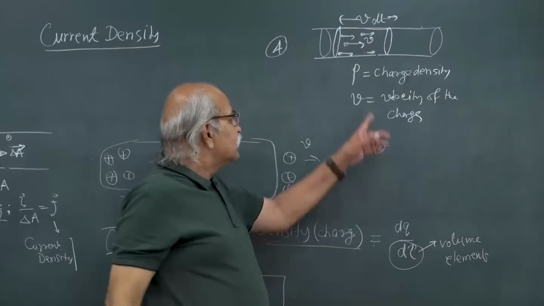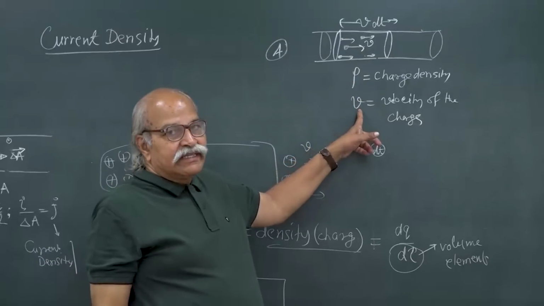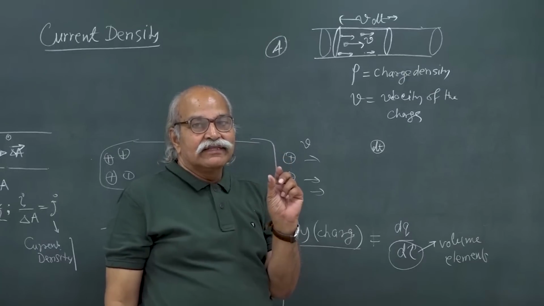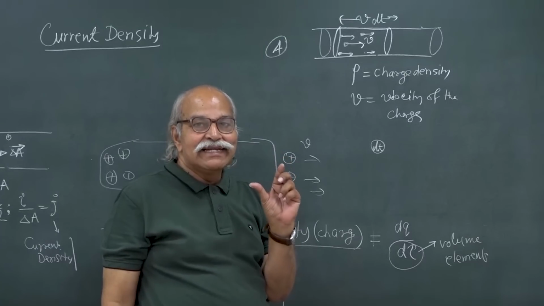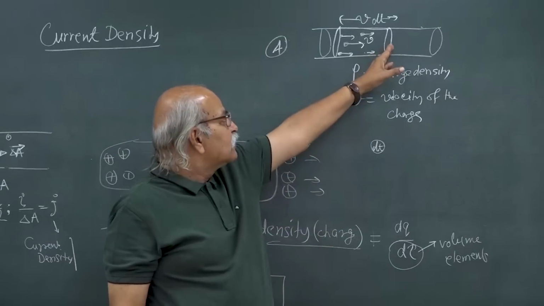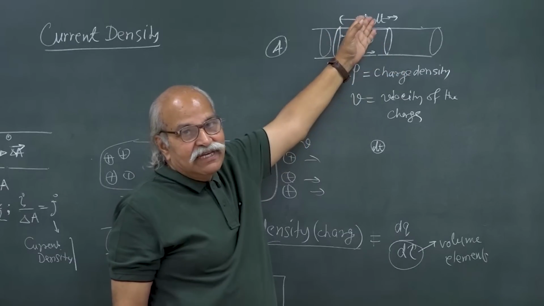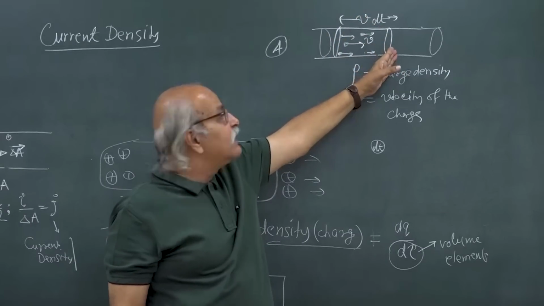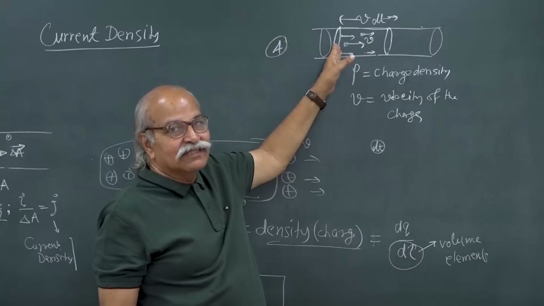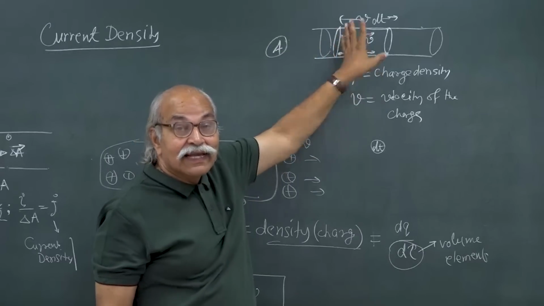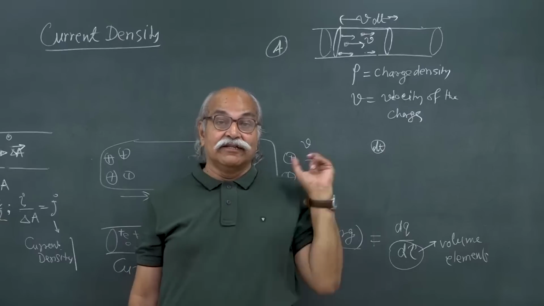So rho is given, V is given, and then we consider some time dt, and V into dt will be a length. So here is one cross section, and behind that, at a distance V dt length, I take another cross section and look at this wire at a certain instant t.